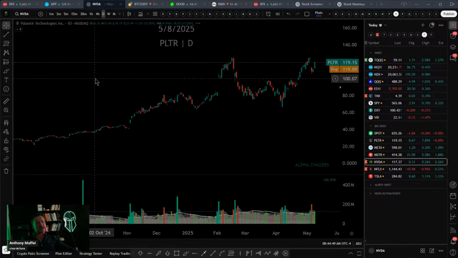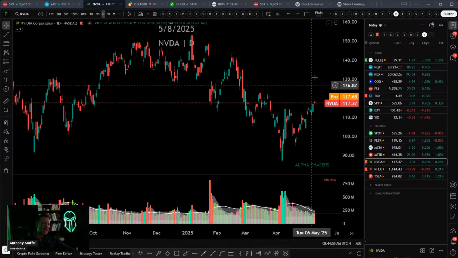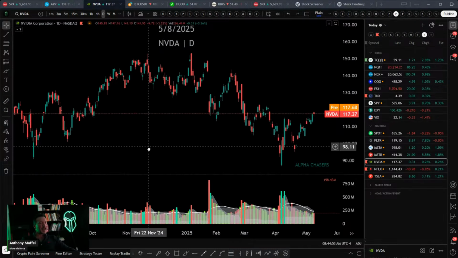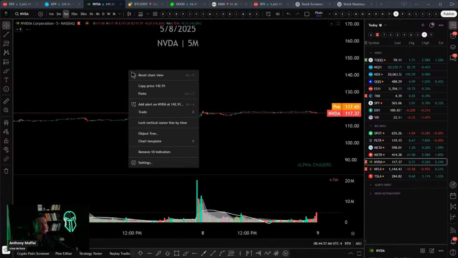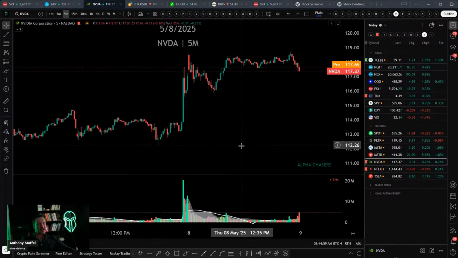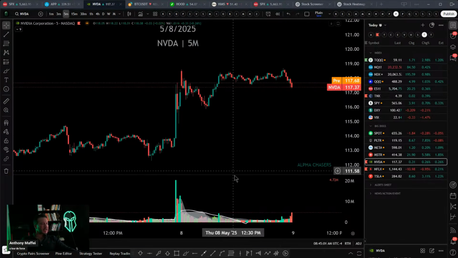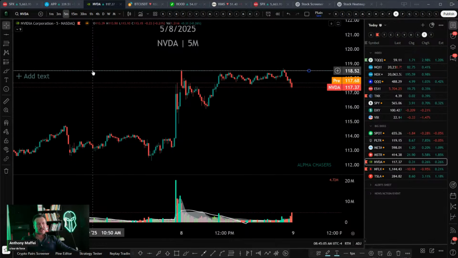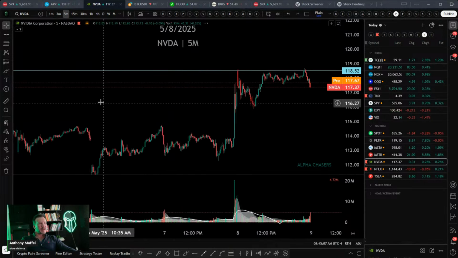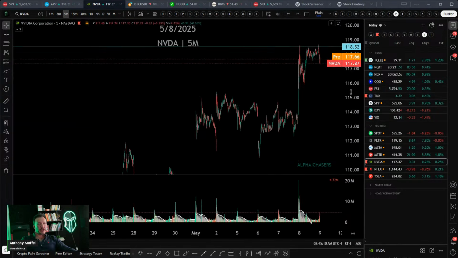So NVIDIA, to me, this is shaping up pretty nicely. I like that I don't have a lot of volume right now, quite frankly. I just keep ignoring it till earnings. And I don't know how earnings are going to go, but I know this. I think this thing's trading at such a discount right now to what it is, and they're trying to control it.